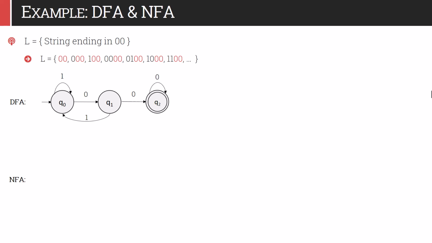Let's look for the previous state. Can we have an arc from Q2 to Q1 on 1? No, that is also not valid, because otherwise the string 0010 will be accepted, which is not ending in 00. So this is not a valid string, still it is accepted. So we cannot have an arc from Q2 to Q1.